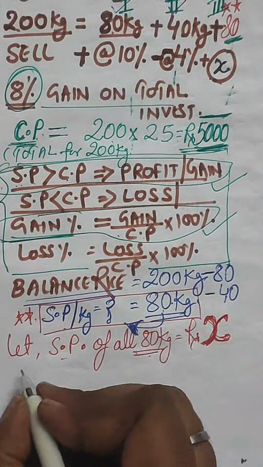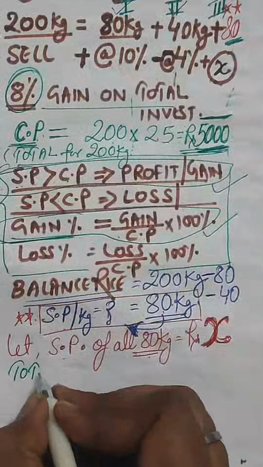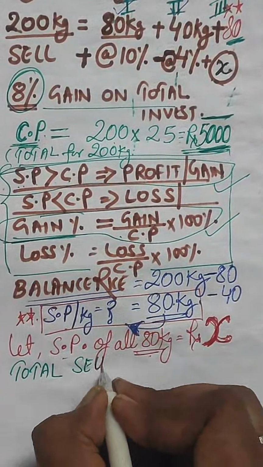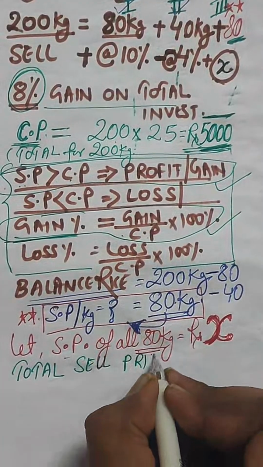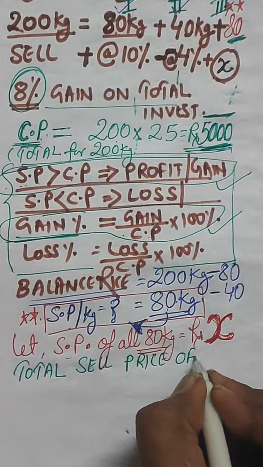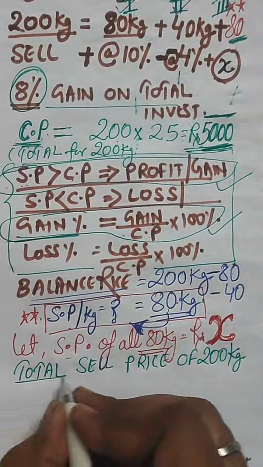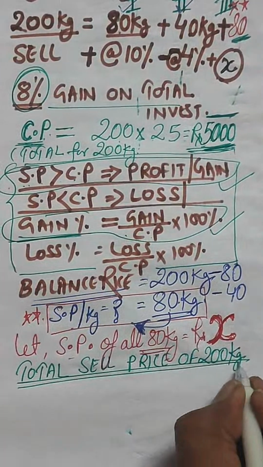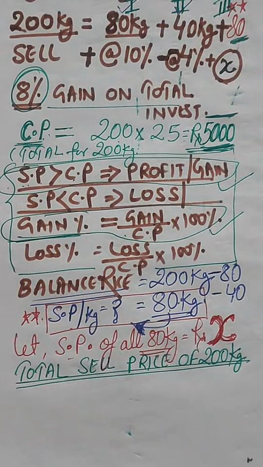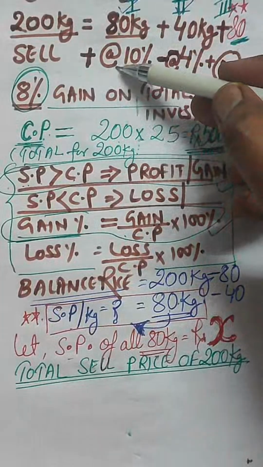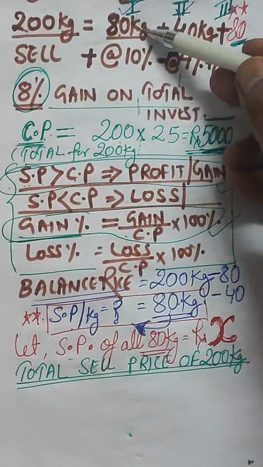Now total sale price of 200 kg will be how much? Total sale price, that means when he is making a profit of 10% and selling this 80 kg.